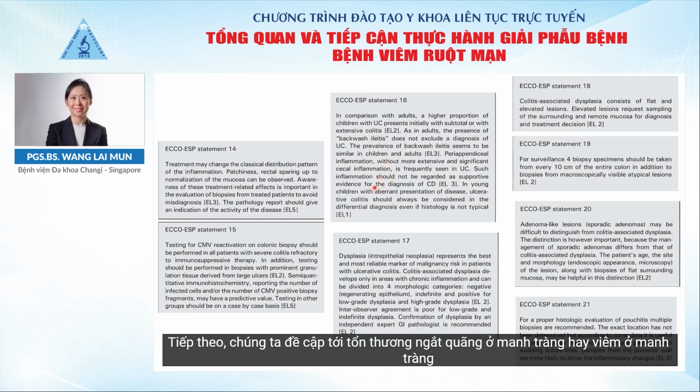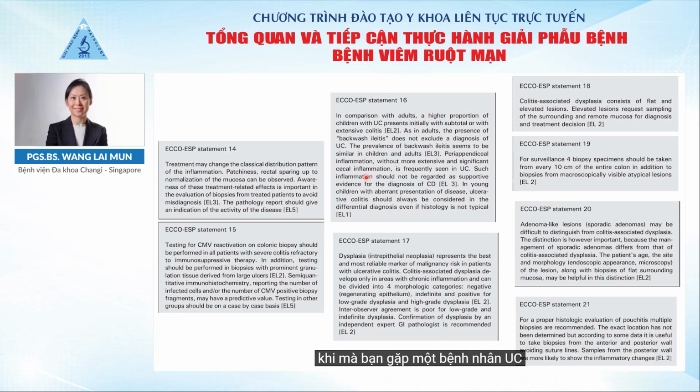Then we've dealt with the term cecal patch or cecal inflammation. When a patient having ulcerative colitis has a bit of cecal inflammation documented in the biopsy, do not suggest Crohn's disease because it can be seen frequently in ulcerative colitis as well.